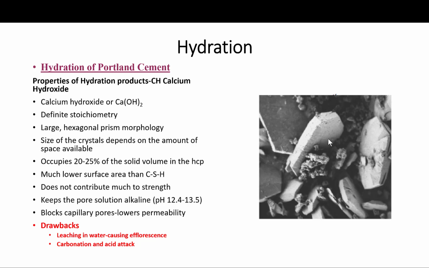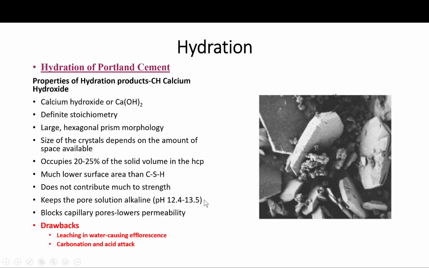As compared with the calcium silicate hydrate, the strength contributing potential of calcium hydroxide is limited as a result of the considerably lower surface area, because it's well crystalline. Okay, so again, just to summarize, it has much lower surface area and does not contribute much to strength.